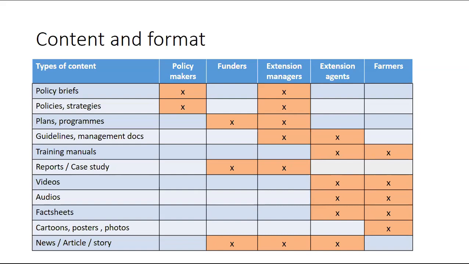Then the farmers, and this is also one very important stakeholder we are working with. This is the end beneficiary, but they are among the direct targets of your portal or your website. Because if you can use your website, your portal, to be a tool to reach that last mile, then it's a very powerful tool.